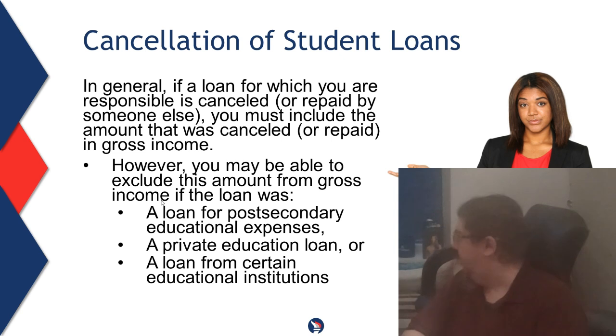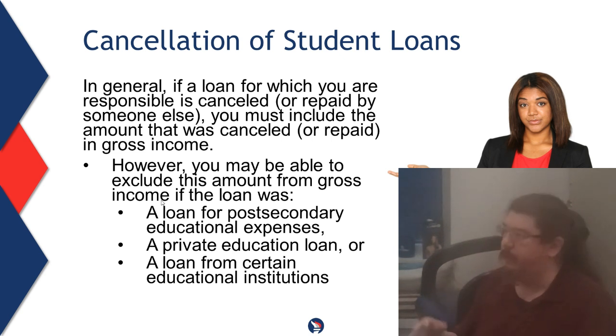If your student loan is canceled, well, normally debts that are canceled would be considered taxable income because you didn't pay taxes when you got the money and you're expected to pay it back out of future taxable income. However, if it is a qualified education loan, then you do not have to count that as income.